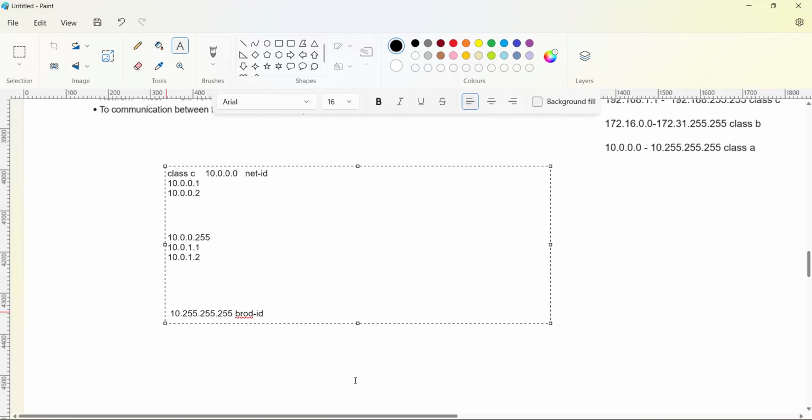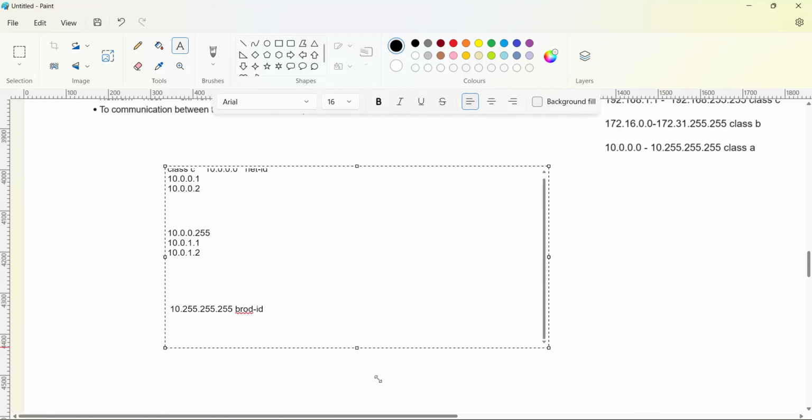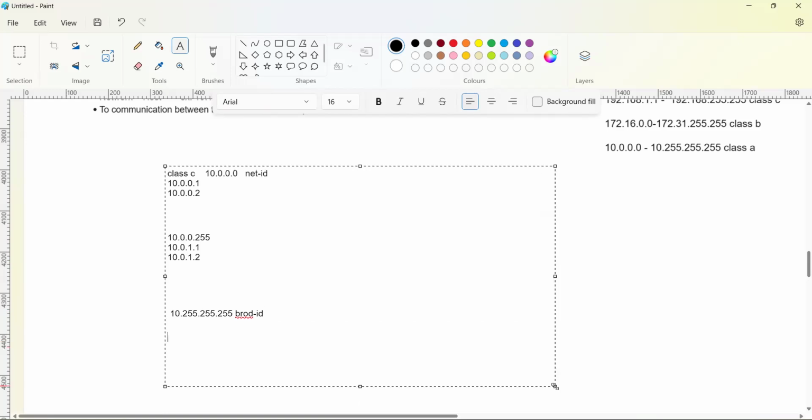So whichever you are giving as the host bit here, the network bit is this one, and the broadcast IP address is this one. For this, the subnet mask is 255.0.0.0, because here we are changing this information.